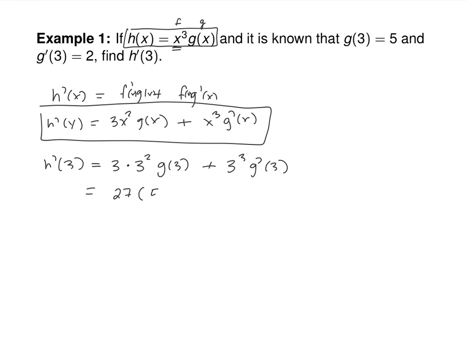Five, good, okay. Plus 27 times 2. Here's a great trick. You can factor out that 27, times 7. Is that 140 plus 49? Does 189 seem right?